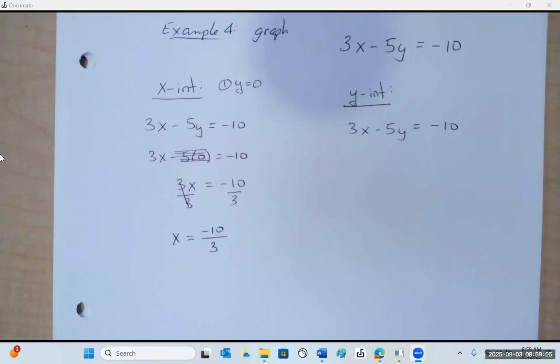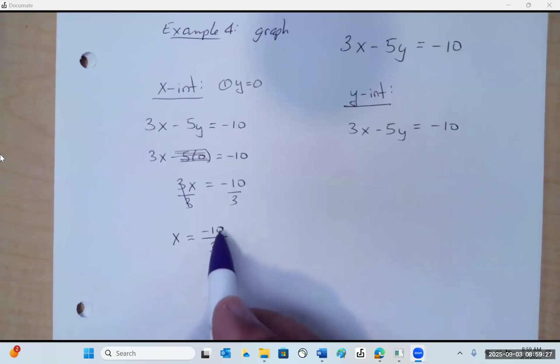This is the problem. We came up with a number, but how do you graph that? Where would you put that x-intercept? What kind of fraction is this? It's an improper fraction. It's improper because the bottom number is smaller than the top.